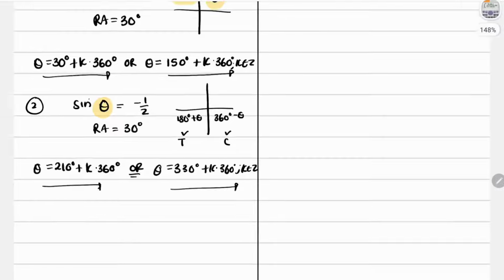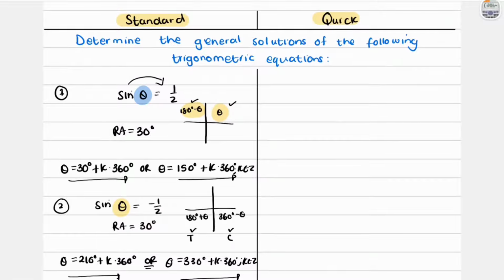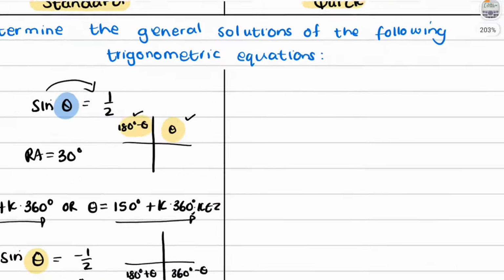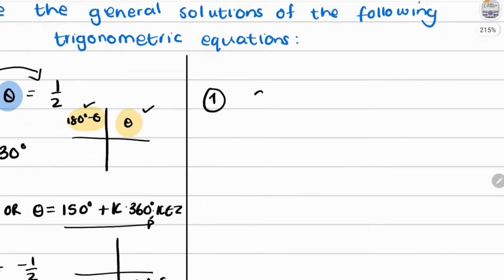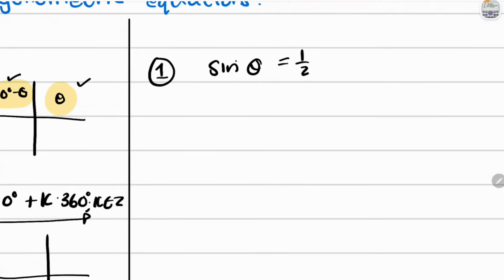Okay, so here's where we use the quick method. So I want to show you how to use the quick method in both. So with the quick method, if we still have the same equation, sine theta being equal to a half, here's the rule with this. The rule is that as long as you're using the function of sine, you're only ever going to use two types of solutions.